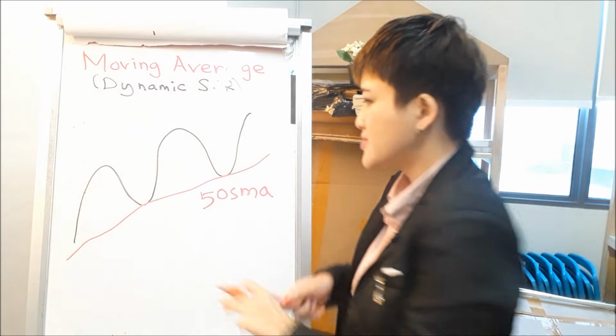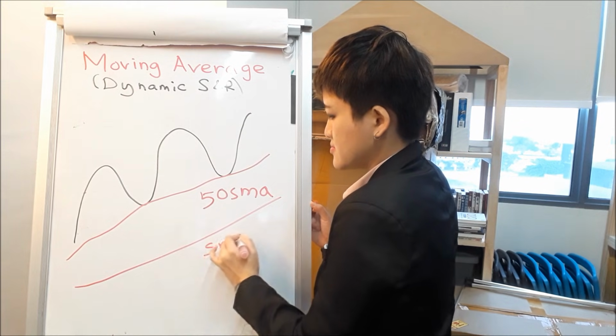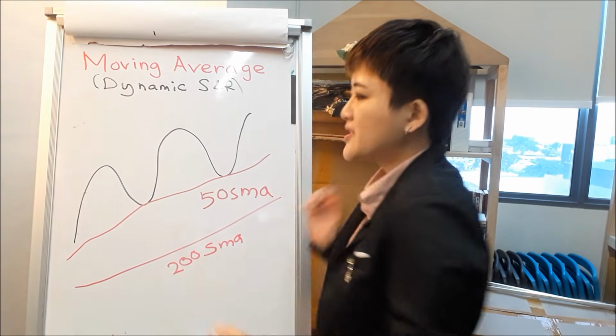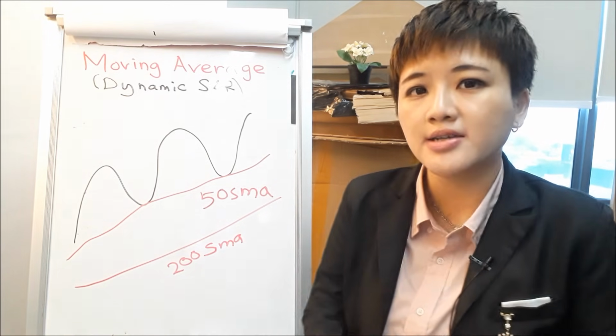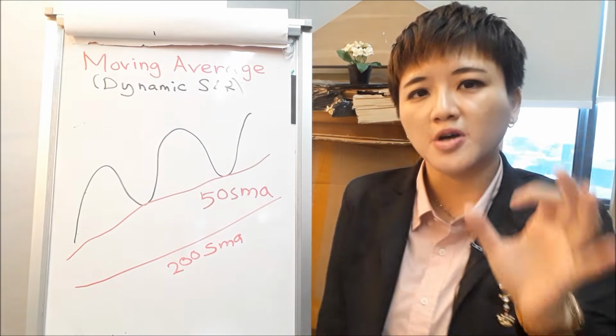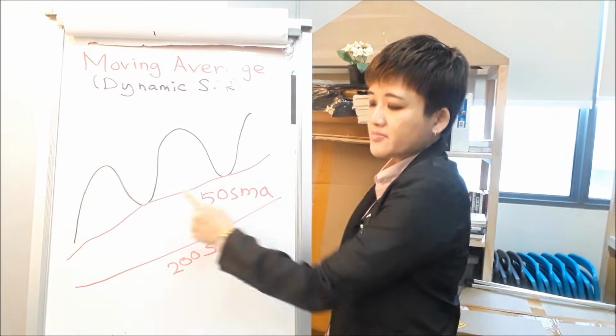If you are using a larger moving average like 200 SMA, the price is not going to come down and test 200 SMA as much as 50 SMA, because the smaller the value, the more often the price is going to test the moving average.